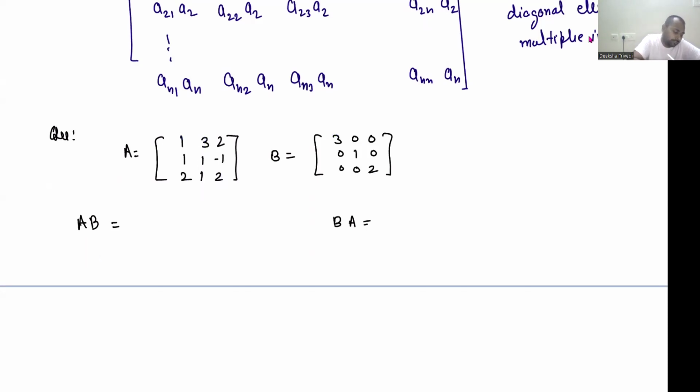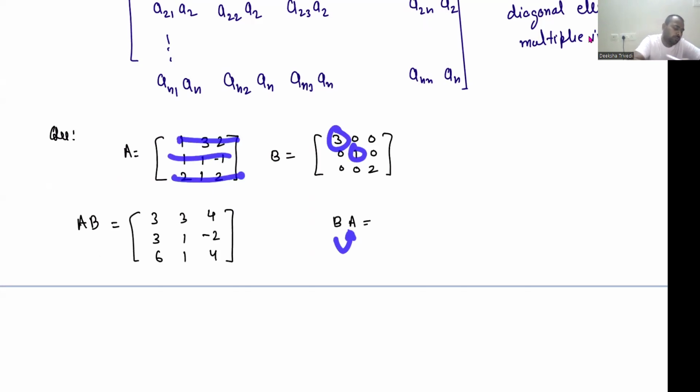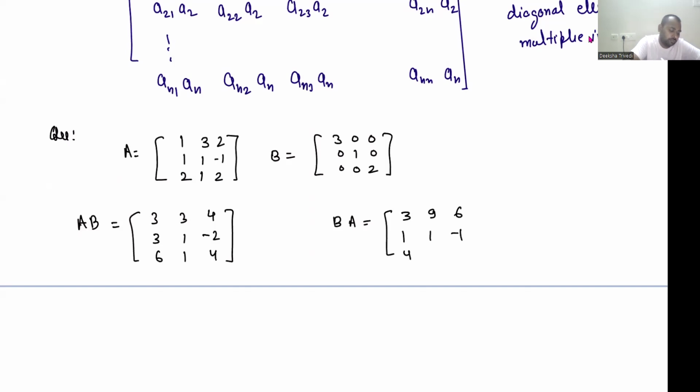So the answer is 3, 3, 6, 3, 1, 1, 4, minus 2, 4. For BA, we are pre-multiplying, so the diagonal elements multiply in rows. So here the answer is 3, 9, 6, 1, 1, minus 1, 4, 2. Can anyone have any doubt?